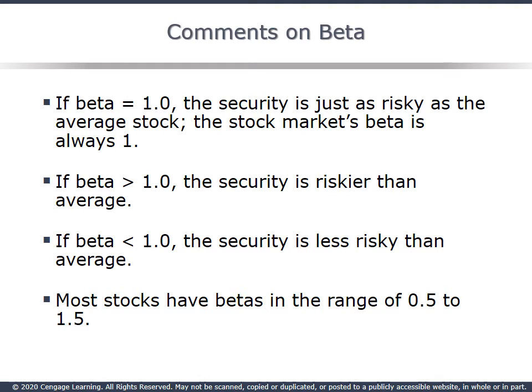So if a stock has a beta greater than 1, that security is riskier than the overall stock market, or riskier than the average stock. If a stock has a beta less than 1, that security is less risky than the average stock, or less risky than the overall stock market. Most stocks have betas somewhere between the range of 0.5 to 1.5.